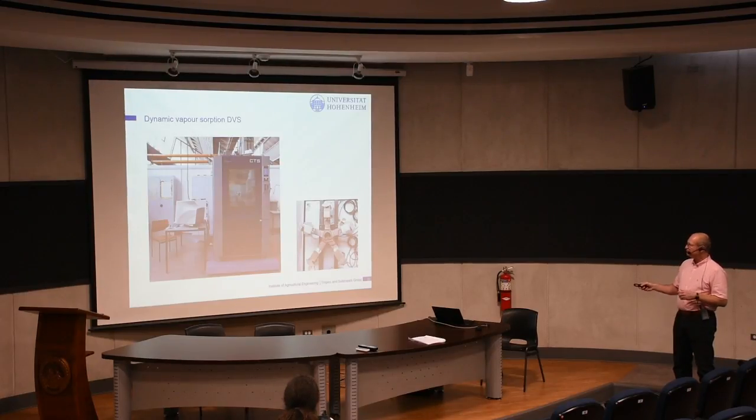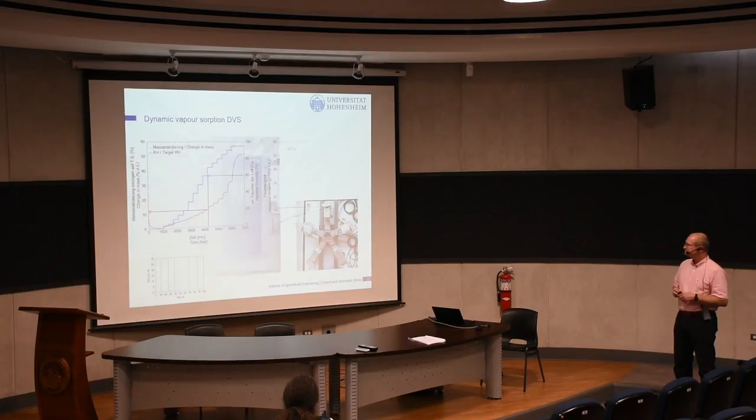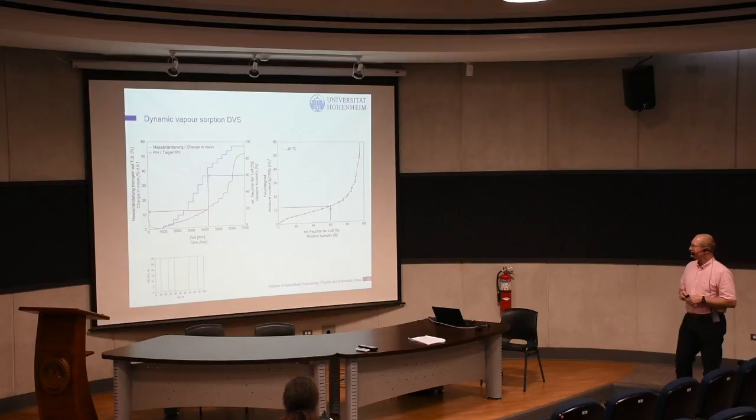You see here Hohenheim, you see here this climate chamber, and on top you see the balances, better here from the top view. Those are the 5 balances here of the sorption isotherm machine. And you see what is then measured.